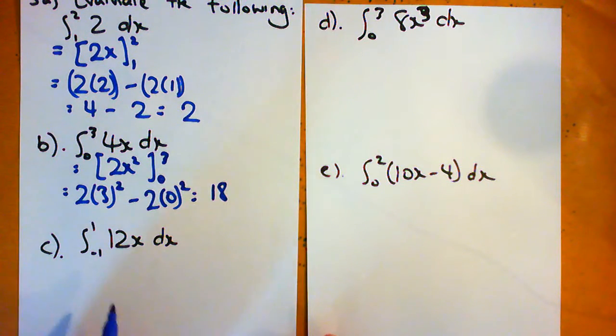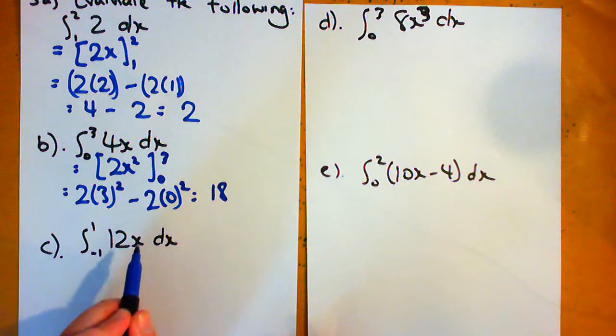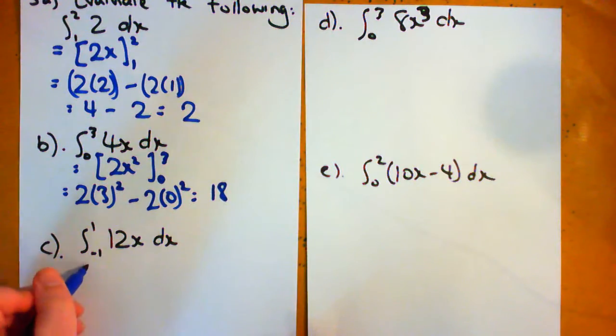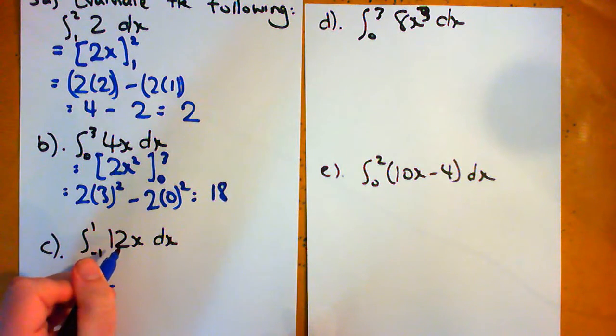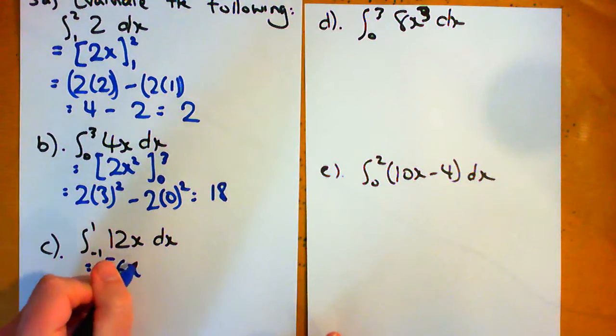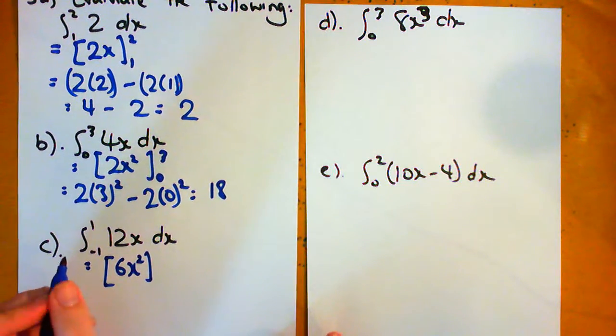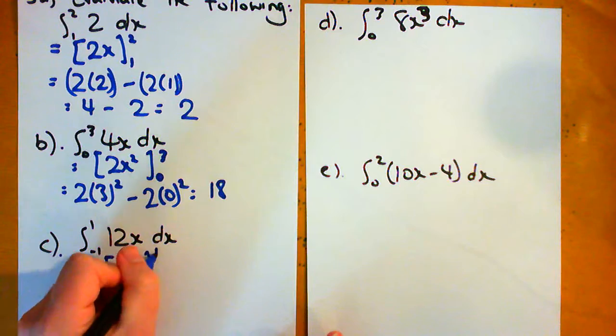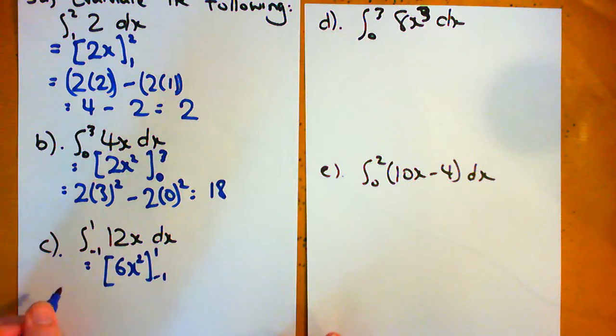Okay, then we have the integral between negative 1 and 1 of 12x dx. So x integrates to x squared over 2, therefore if we integrate 12x we get 12 times x squared over 2, which is 6x squared. And we're going to substitute in the two numbers, which are negative 1 and 1. 1 is the top number, so that comes first.